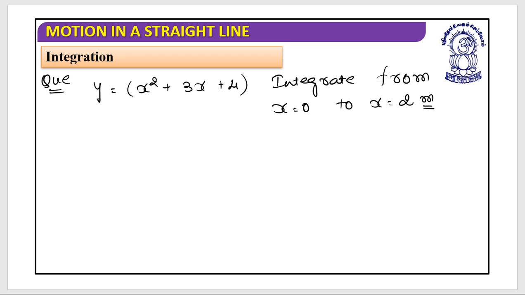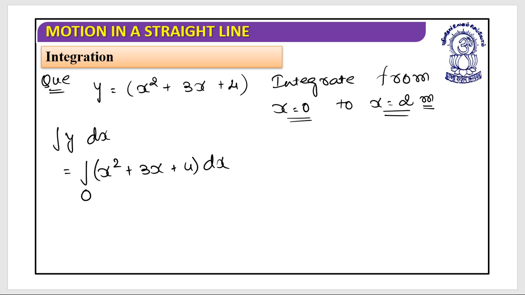I need to integrate this. It's an integration of y dx, so that should be integration of x square plus 3x plus 4 dx, from x equals 0 to x equals 2. So let's begin with the 0 and end at the 2.